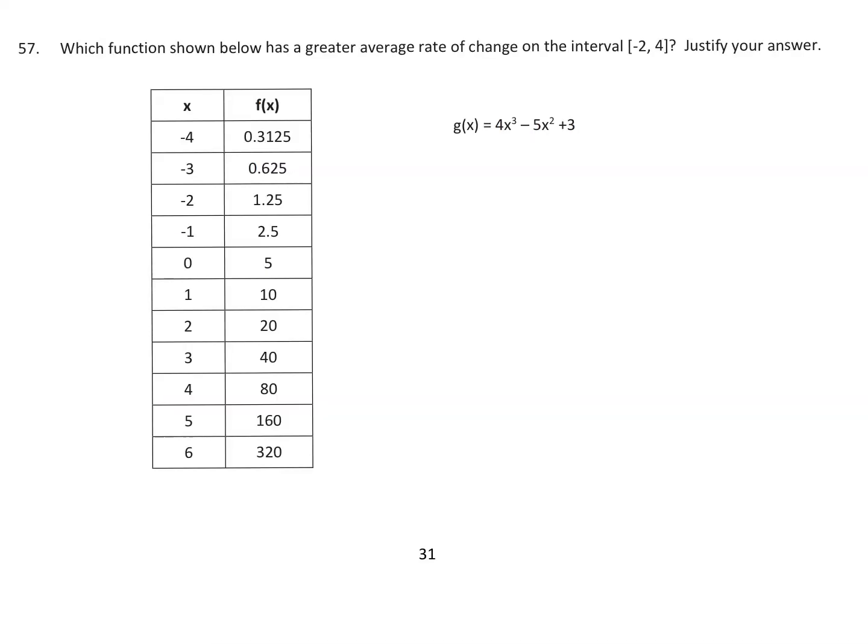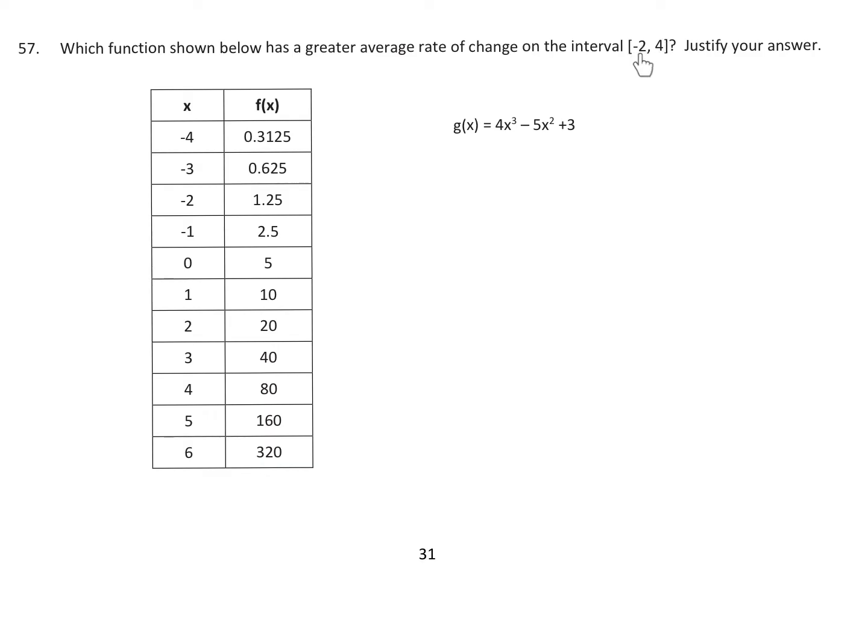All right, so if you can turn to the bottom of the next page, page 31, we're going to take a look at number 57. So 57 says, which function shown below has a greater average rate of change on the interval from -2 to +4? Now, when they're written in brackets like this, it's telling us the start of our interval and the end of our interval.